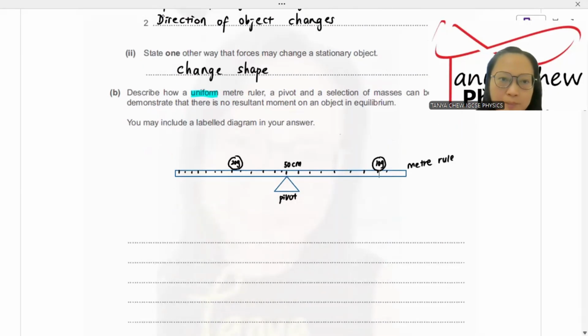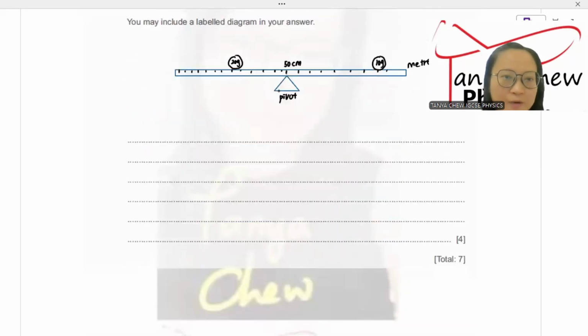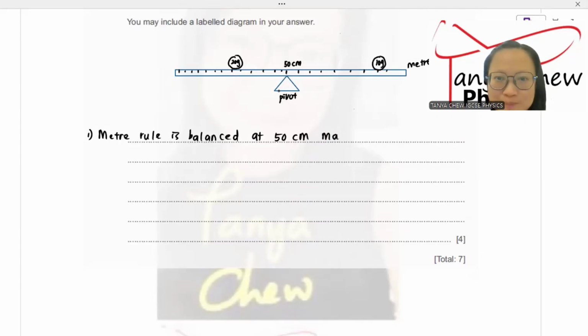Now I'm going to describe, okay, now I start with my description. First one, meter rule is balanced at 50 cm mark.